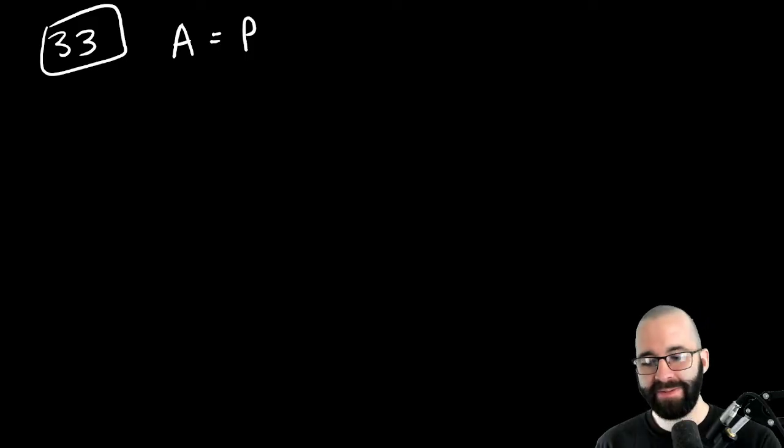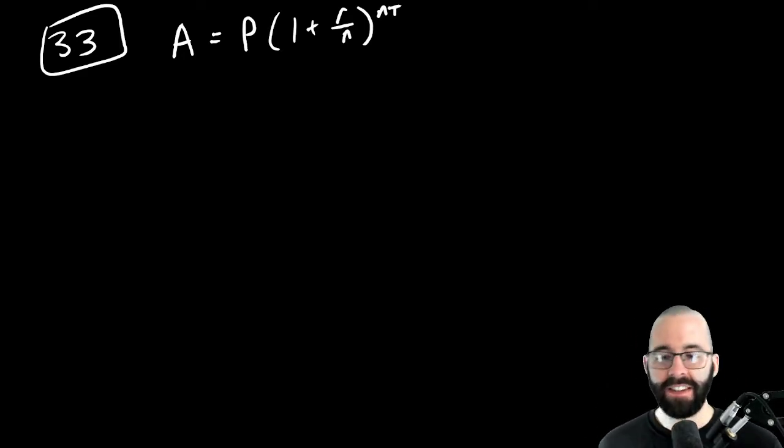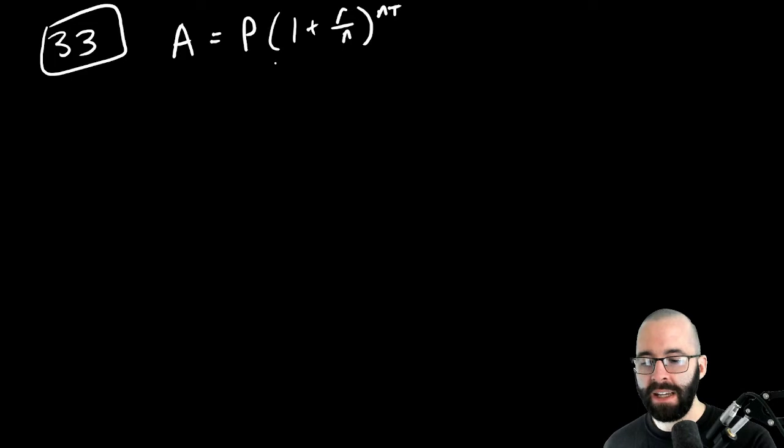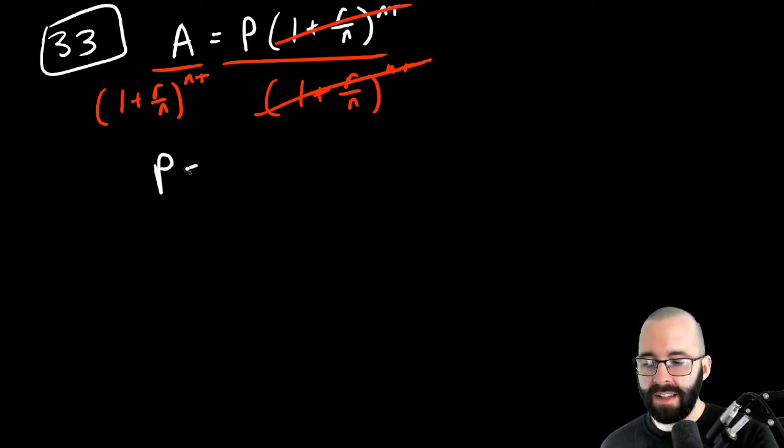Solve for P. Okay. A equals P times (1 plus r over n) to the nt. So to solve for P, well, it's just P times something. All we have to do to solve for P is divide by that something. That's it. We're basically done. That gives us that P is equal to A divided by (1 plus r over n) to the nt.